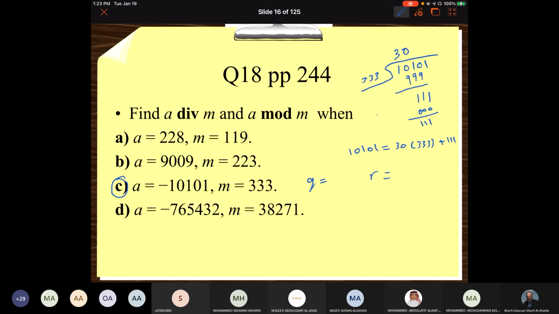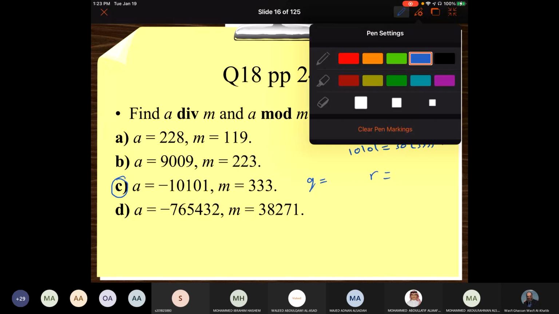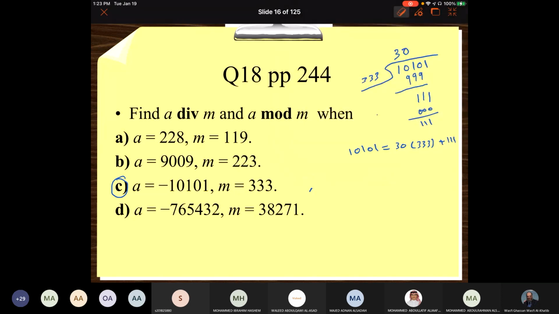I said to find R and Q, let me remove the ones below. To find R and Q, I will do minus 10101. I will say this is minus 31.